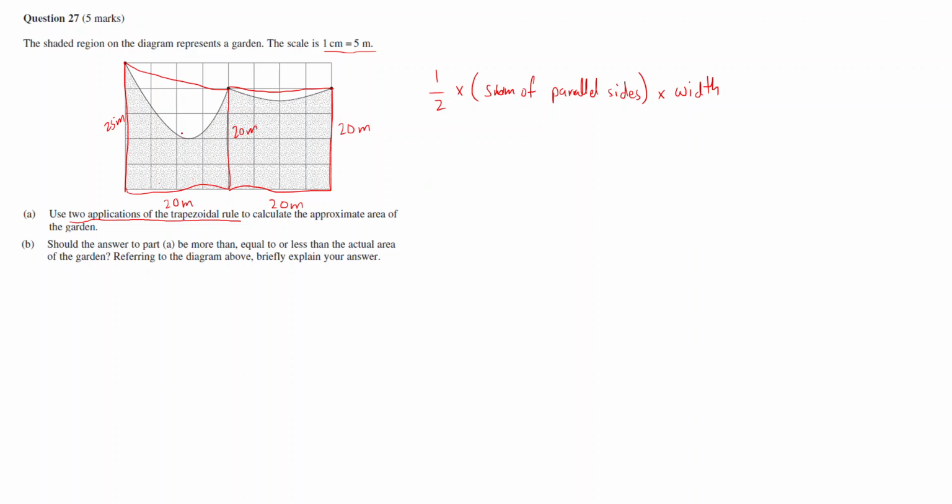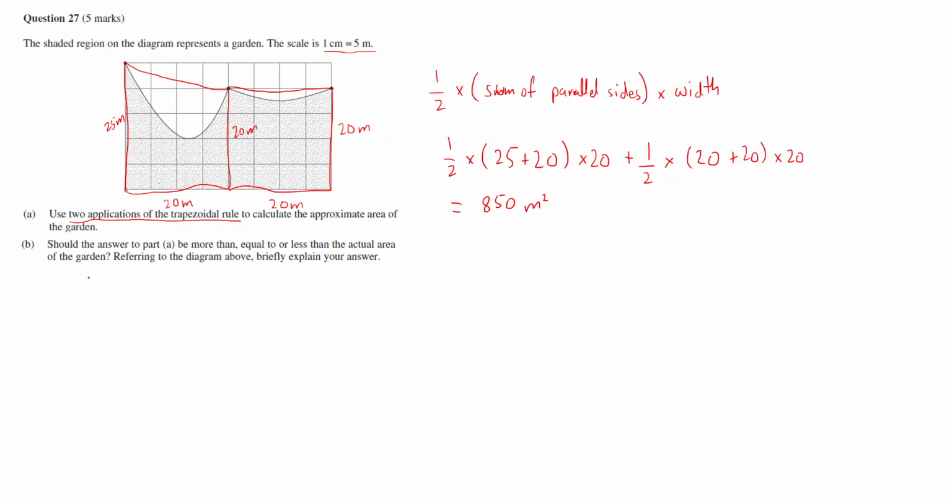So for this trapezium, it would be half times 25 plus 20, and you multiply it by 20. For this trapezium, you add half times 20 plus 20 multiplied by 20. If you solve that, you will get 850 square meters. That's the answer for part A.